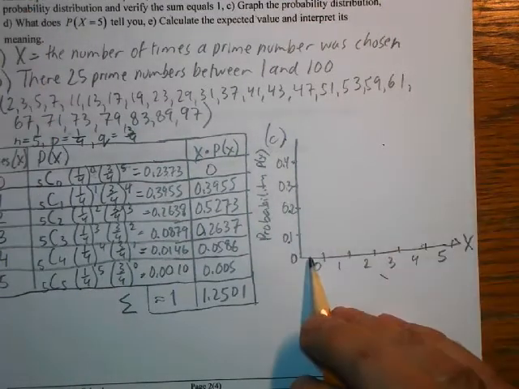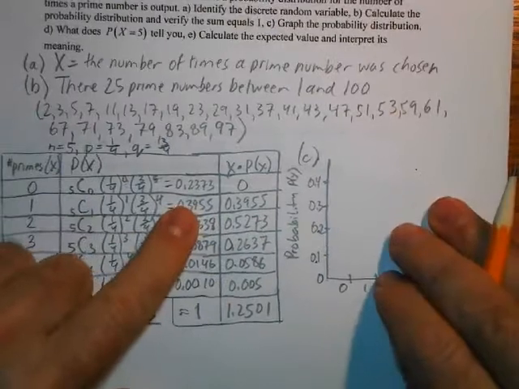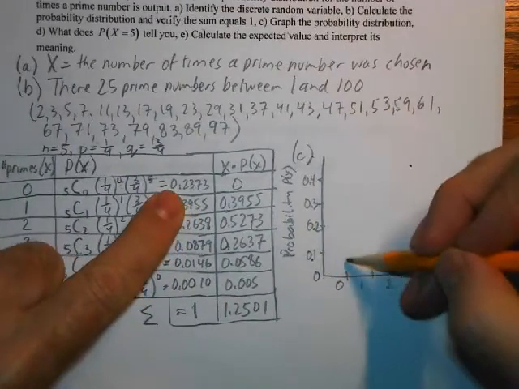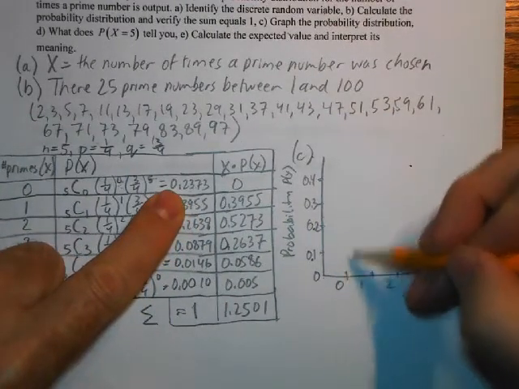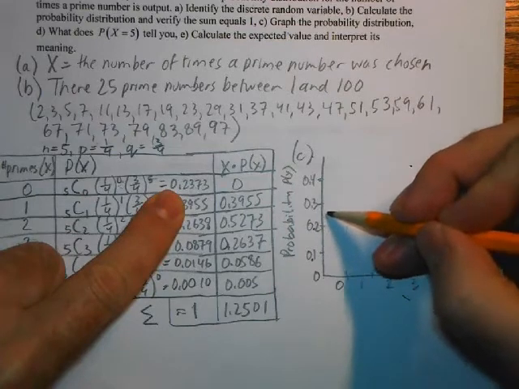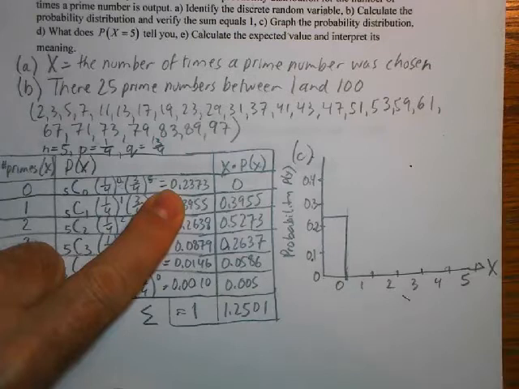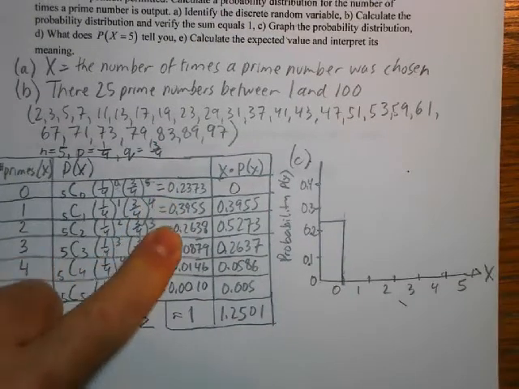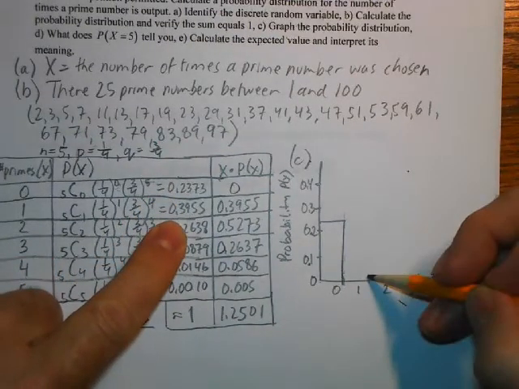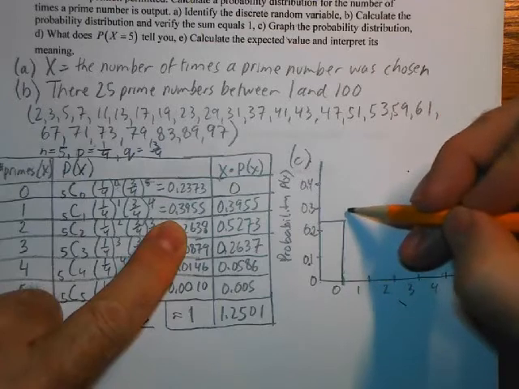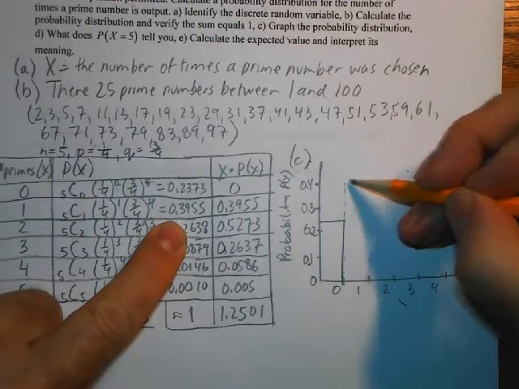So probability of 0 was 0.2375, so that's about up here. If I do my dotted line, it's about there. Here's my first bar. And then for 1, it'd be 0.3955, so that's basically right at 0.4.